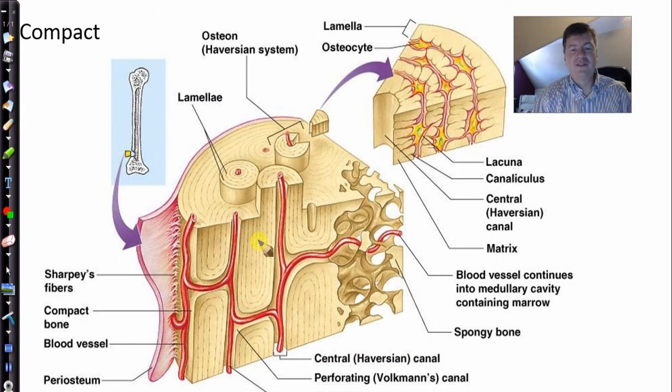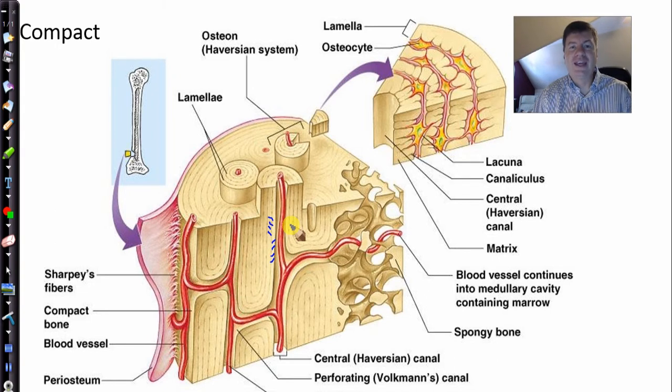And by that I mean, I don't have a good view to show you this, but the collagen fibers in one lamellae are all going to run one direction, and in the next lamellae, they're all going to run a different direction. What this does, for people who have some building background, is it gives this osteon a lot of strength.